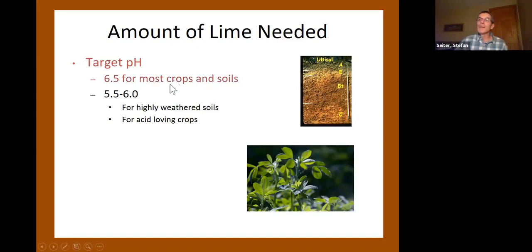If you have a soil that's highly weathered, like Allen's Jory soil, to get that up to 6.5 you would need a lot of lime and many, many years. So you shouldn't shoot for that right away, maybe over time. But even that would be really, really hard.